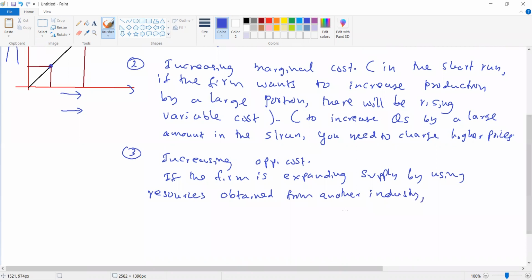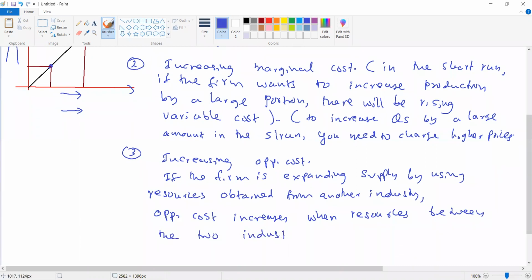Opportunity cost increases when resources between the two industries are not homogeneous. Now that can happen, right?